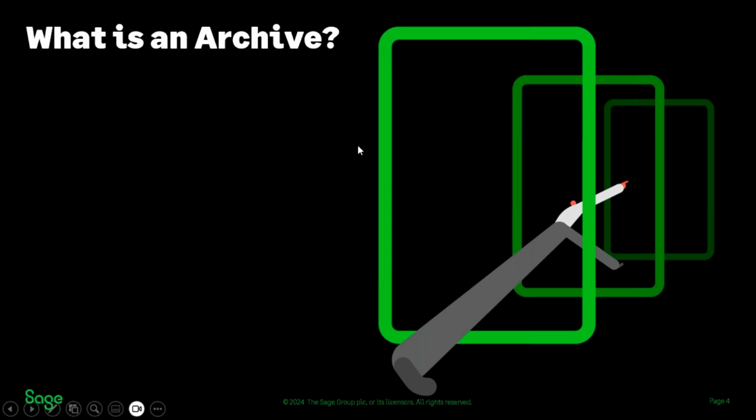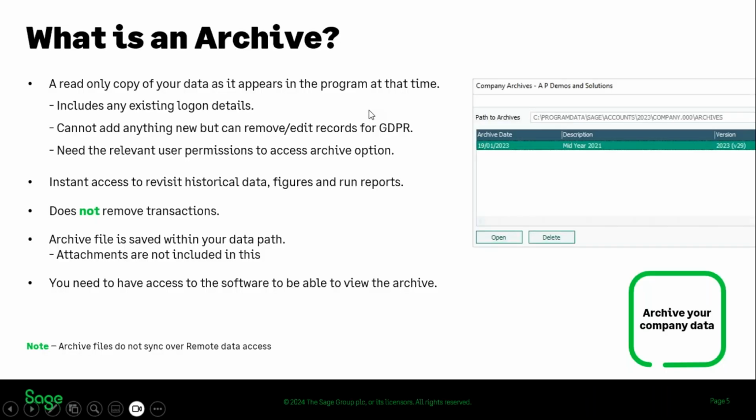Okay, so let's start with what is a company archive. A company archive isn't the process of moving data out of your software. It's the process by which you take a read-only copy of your live data as it is at that point in time that you click on the archive function.